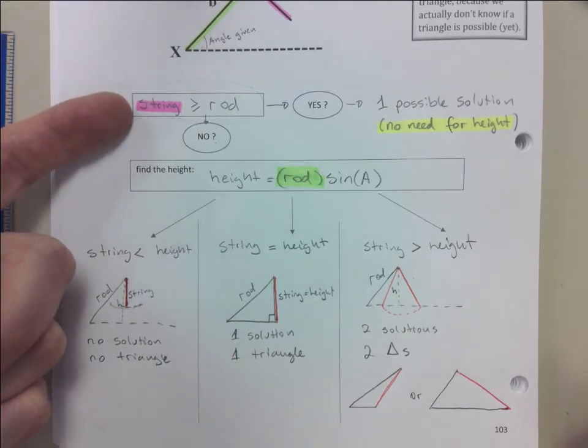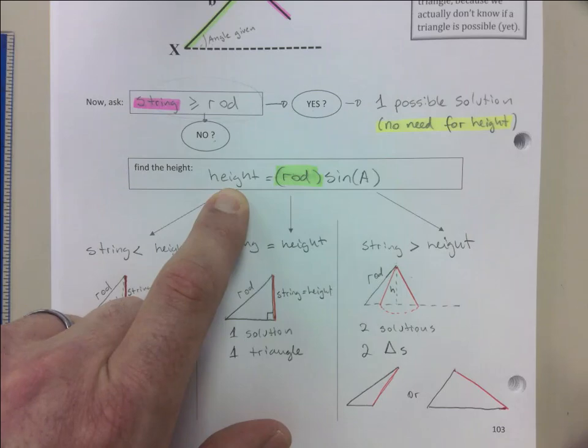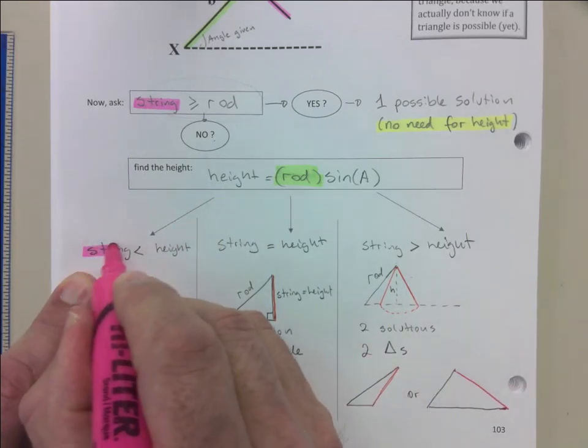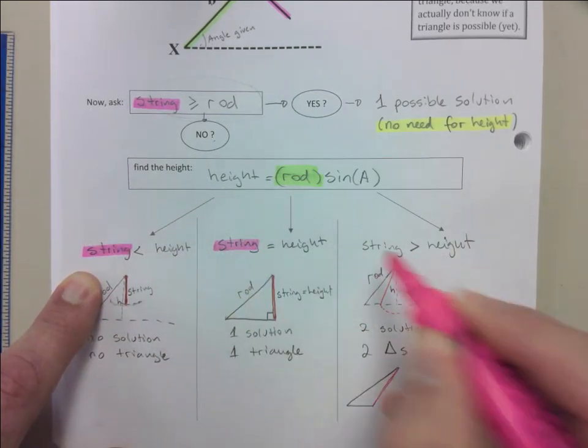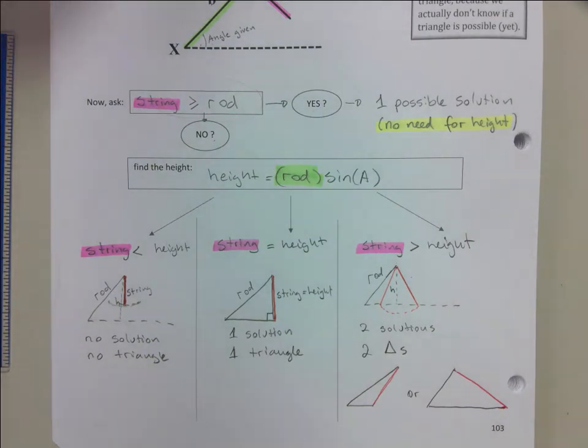You're comparing string and the rod, right? Once you've done that, you find the height, then you compare the string to the height every single time. So string and rod first, then string and height. Okay?